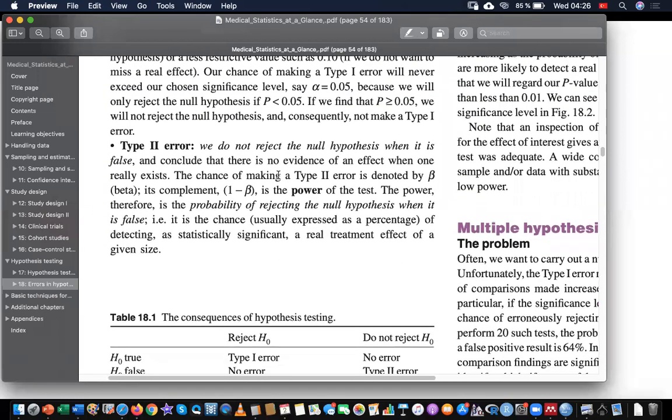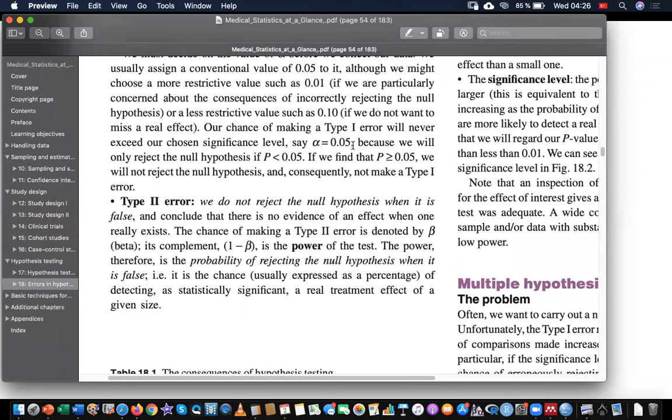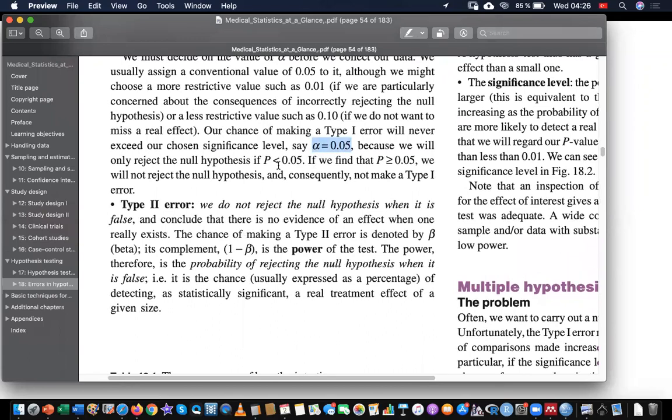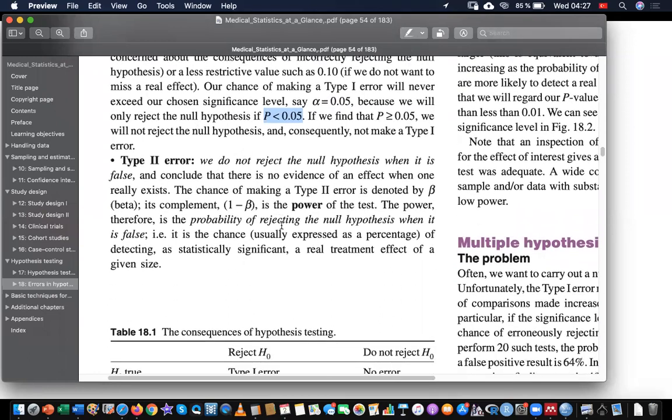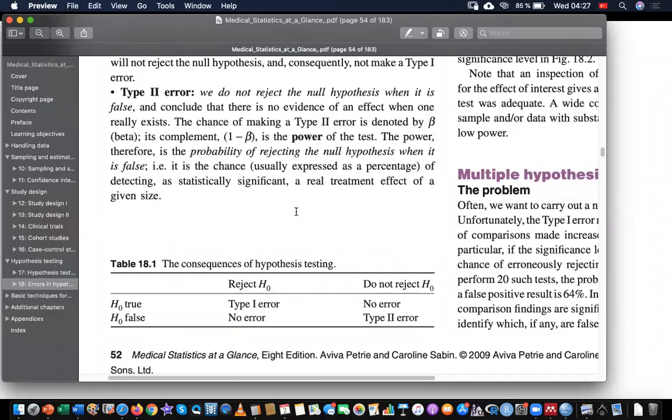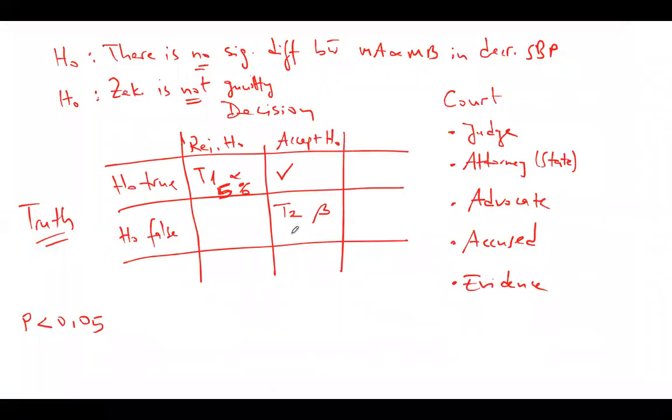Okay, you see, for an alpha error, we have a 5% tolerance. The p-value is less than 0.05. We reject the null hypothesis. We claim that there is a significant difference. And for beta error, the tolerance limit is 20%.